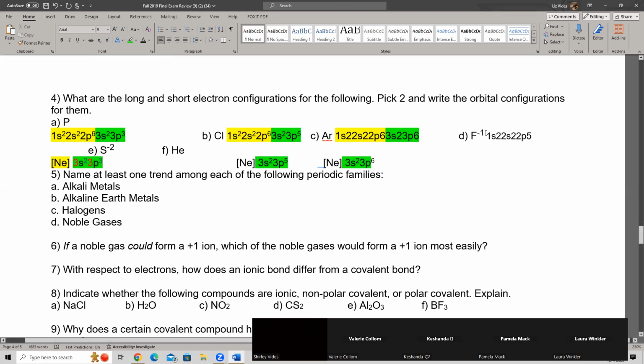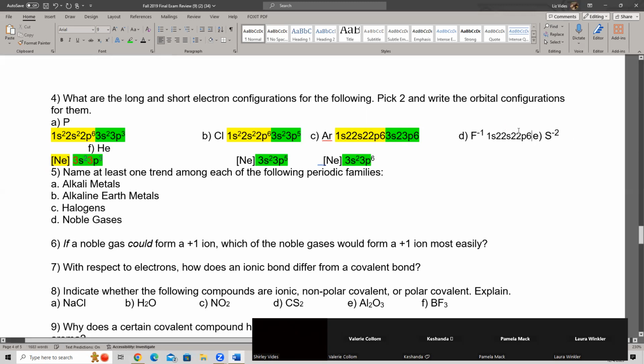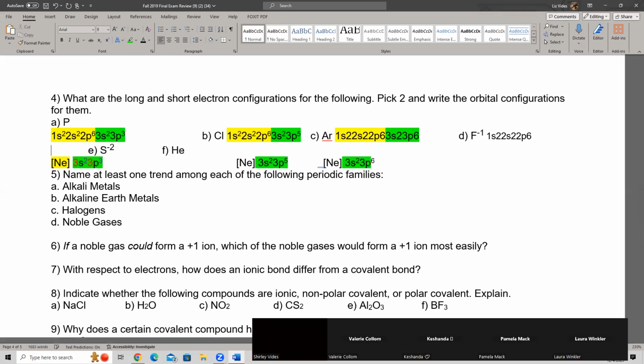But -1 means you added 1, right? So we're going to add it to the one place we can, which is here. And we're going to change the color so that we note that this is not its normal number, but instead it is an added electron in there, all right?